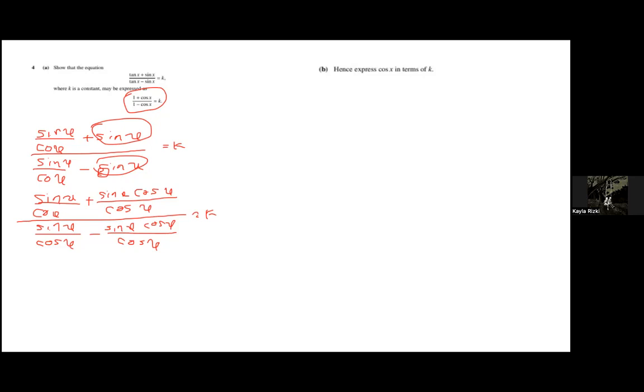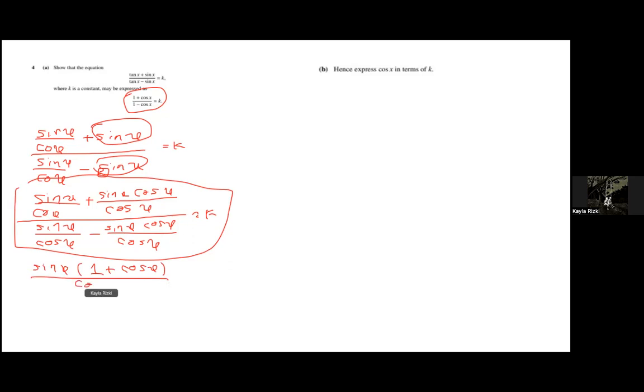And then after we got this, kita bisa ubah bentuknya jadi sin x buka kurung 1 plus cos x per cos x per sin x 1 min cos x per cos x.